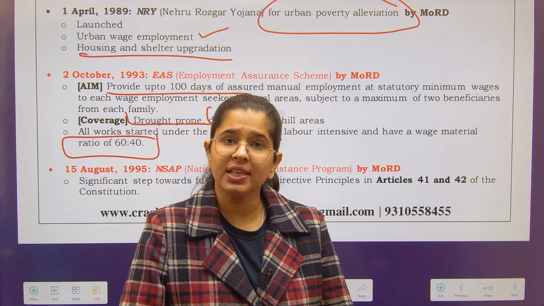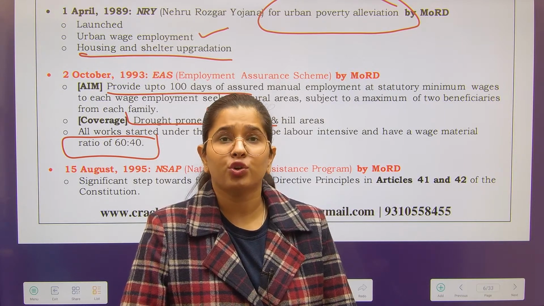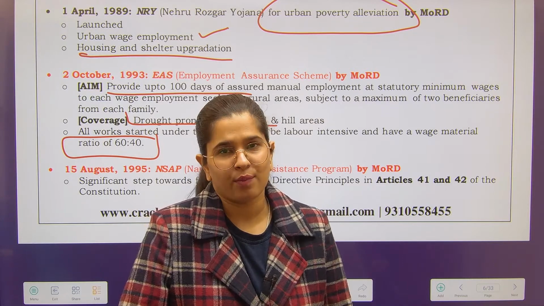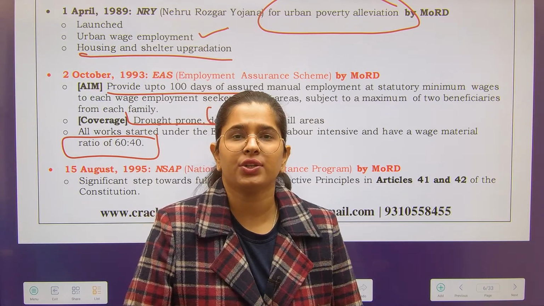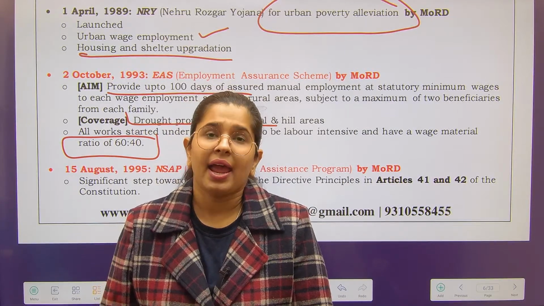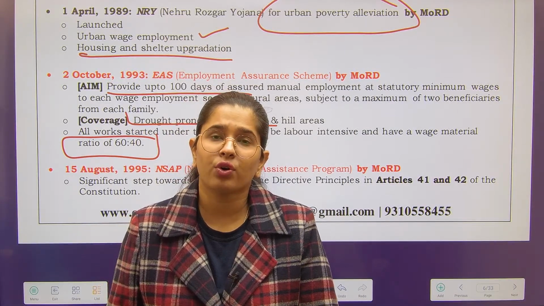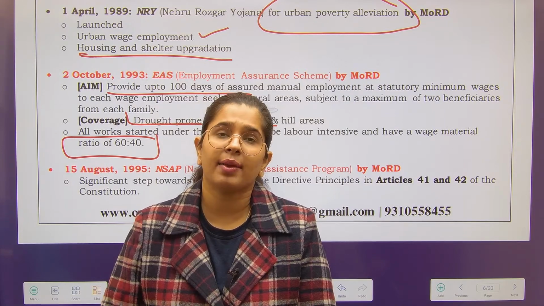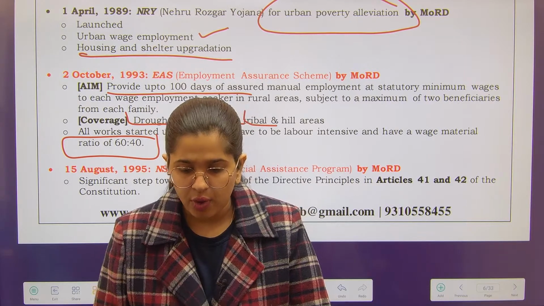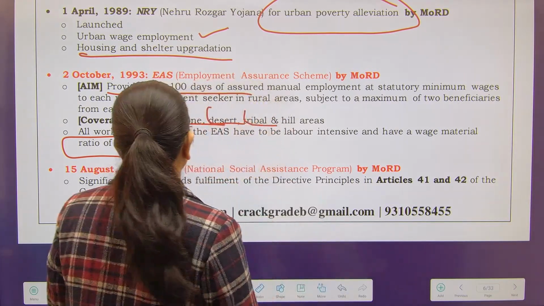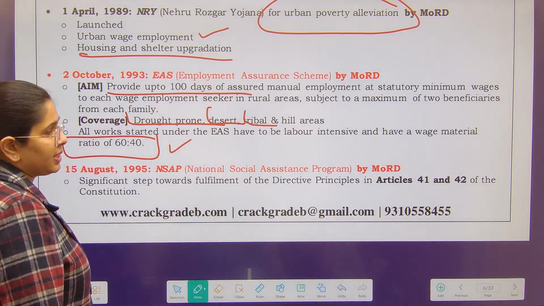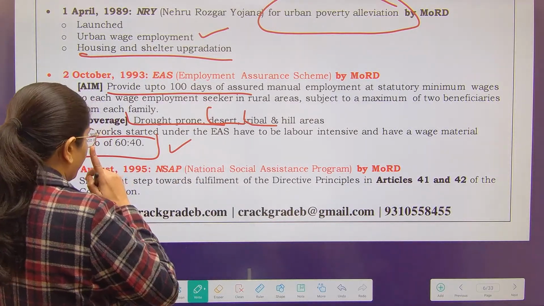Labor intensive means the material requirement should be less, but the labor component should be more, because the ultimate intention is creation of assets, but at the same time the larger focus lies on whether we are able to provide employment to our laborers or not. Hence the wage material ratio is 60-40 under the Employment Assurance Scheme.